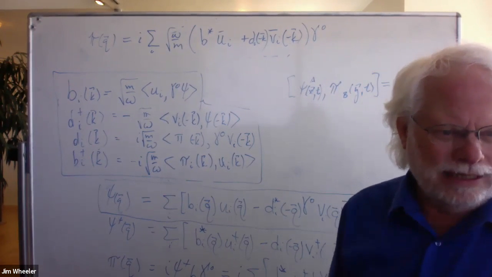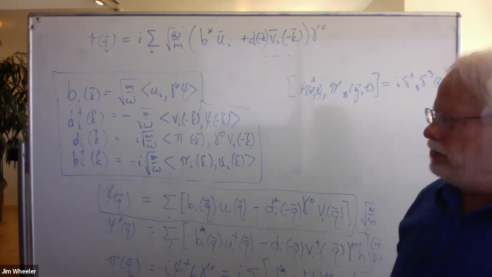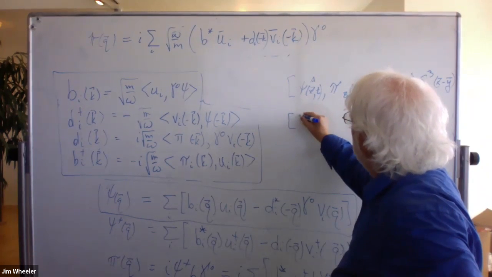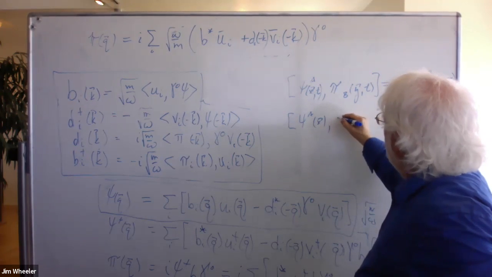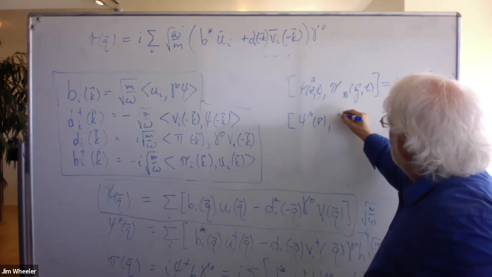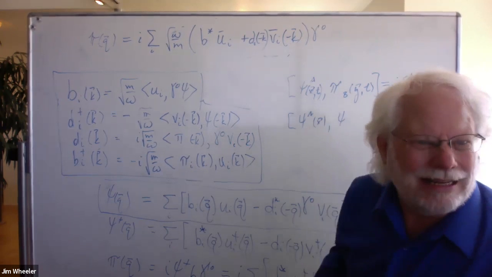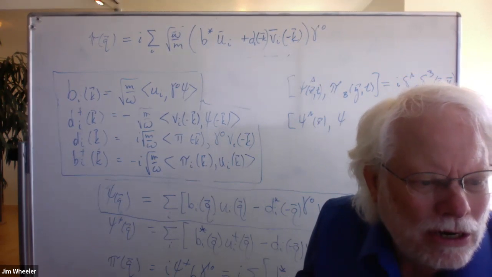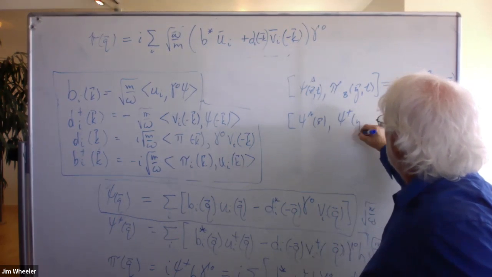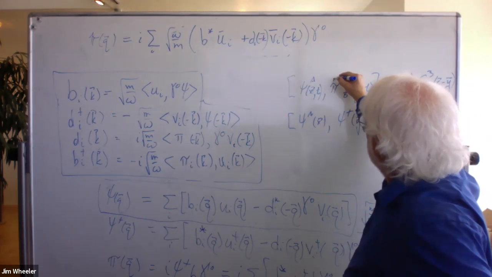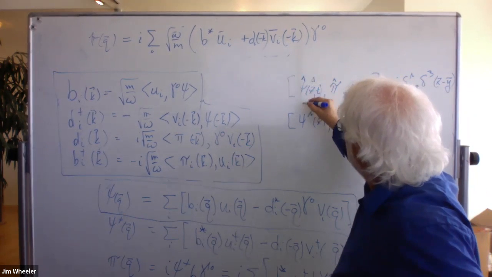Okay, so you can write this as what turns out to be a little easier. Instead of pi, you can write psi. Wait, do I write psi bar or dagger? Yeah, and psi dagger of y. Now these have all become operators.